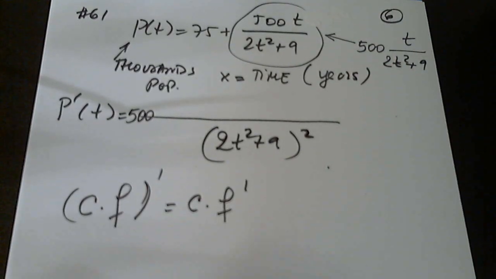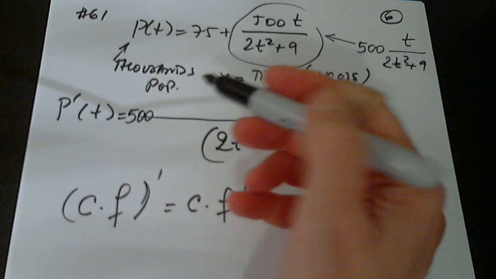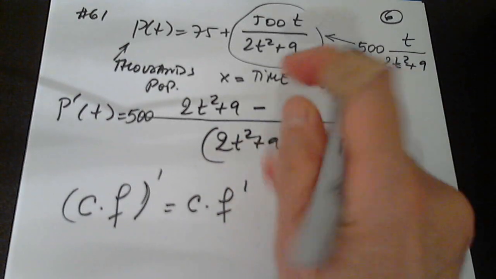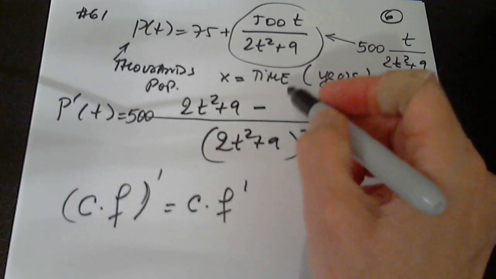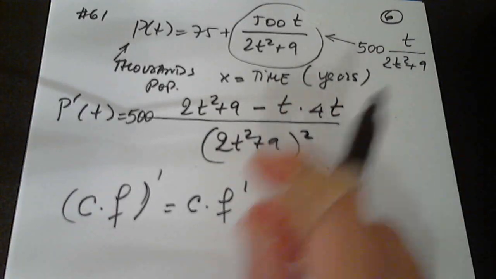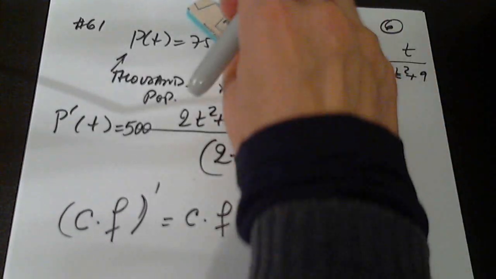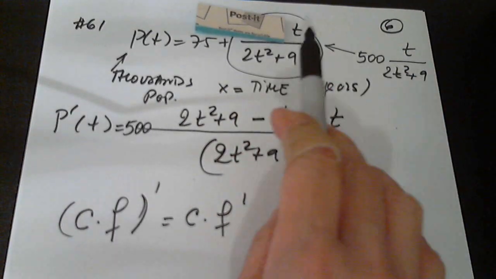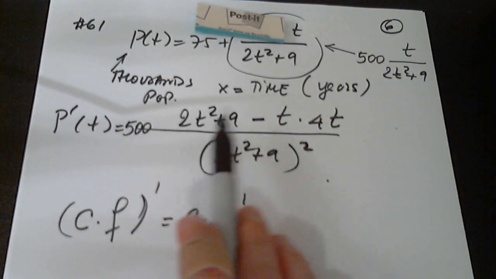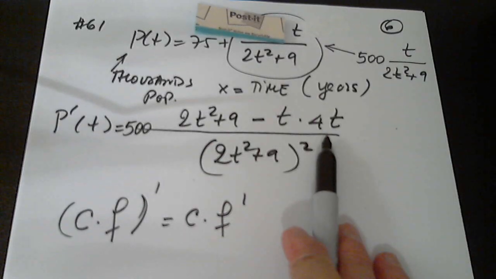Okay, perfect. So the top prime is just 1. So then I have 2t squared plus 9 minus, remember the rule, the top times the denominator prime, which is 4t. One more time. I left 500 outside. I differentiate the top, I get 1 times the denominator minus the numerator times the denominator prime.